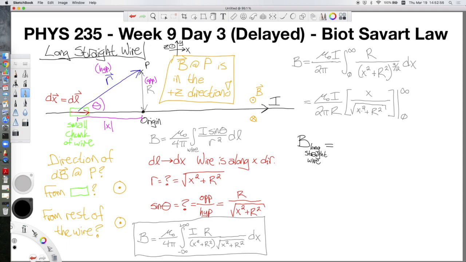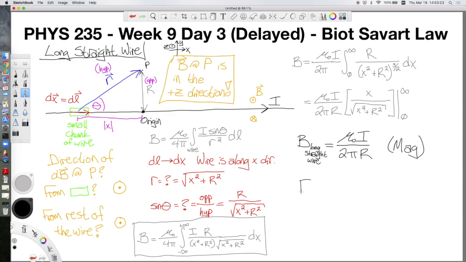But since you are not required to do this yourself as part of this class, you can just trust this result or verify it yourself, or come set up an office hours appointment with me if you would like to see it worked out. Mu naught I over 2 pi r. And this is the magnitude.